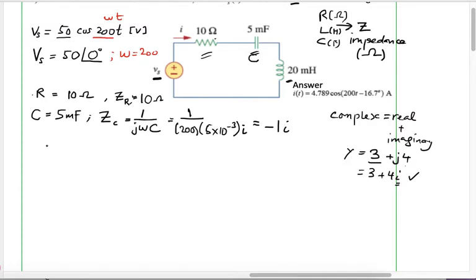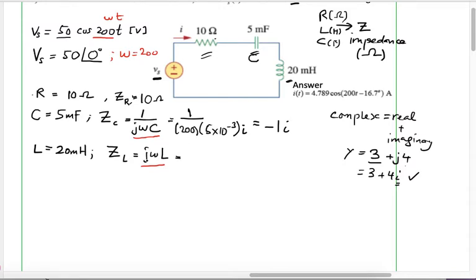Okay. Next is to convert this inductor L into an impedance as well. So you have L with a value of 20 millihenry, and changing this inductor into an impedance will require you to use this equation here, j omega L. And all these equations you need to remember, because if you don't remember this, you cannot make progress in solving this problem.